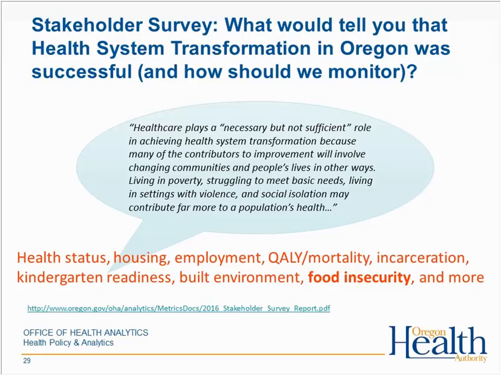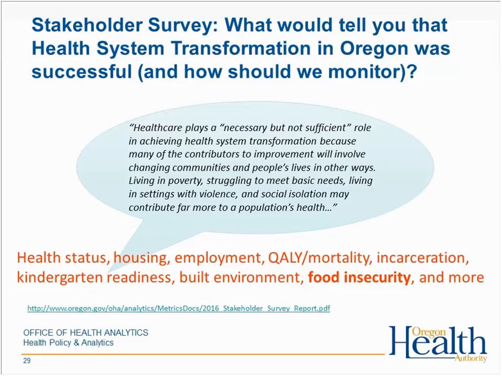And this pull quote from the survey really summarizes a lot of the intent and direction that we're hearing and where we want to go. And I think it's very clear that we want to look outside of maybe the traditional healthcare system and begin to address some of the real factors that influence people's health and their lives.